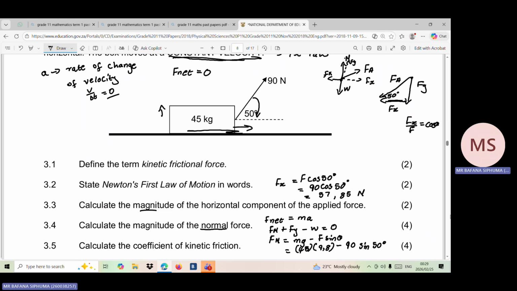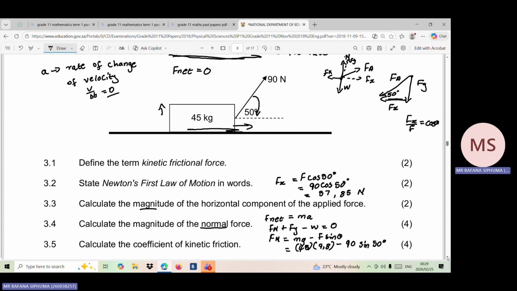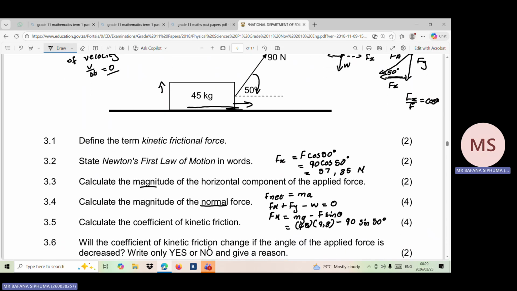Then I can just do this on a calculator and find my normal force. It's very simple and straightforward, this Newton's first law equation.